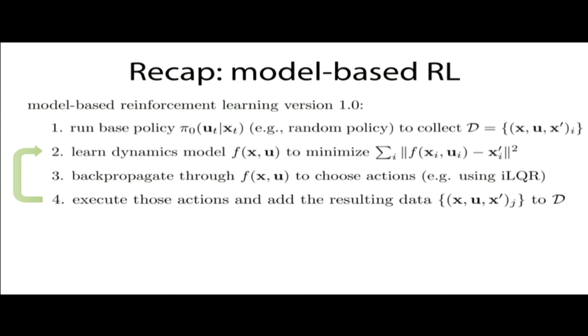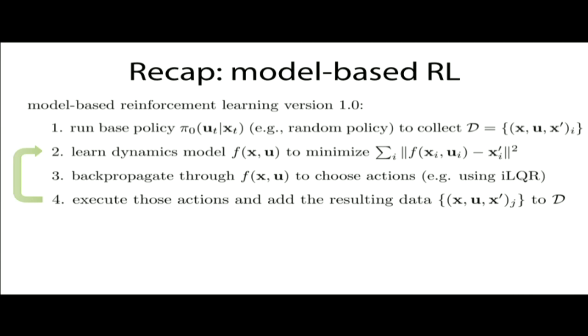So just to recap, what is model-based reinforcement learning? This is something that Sergey covered a few weeks ago. The generic version is that first you have some base policy, for example, a random policy, that you use to collect a data set of transitions from the state x and the action that was taken u, along with the next state that was observed.